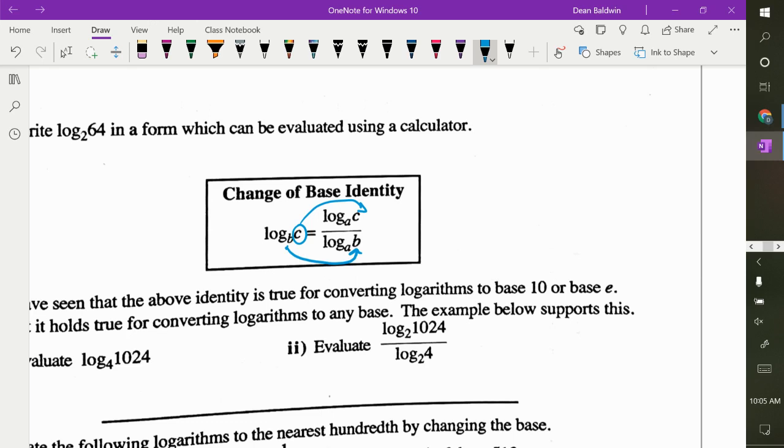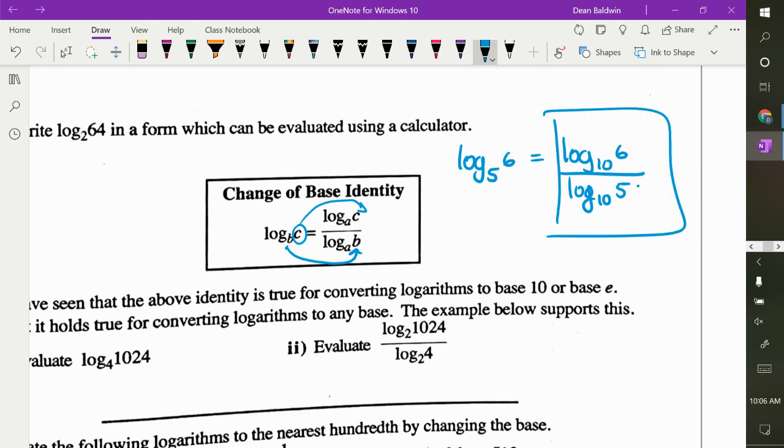So, for example, if I have log base 5 of 6, and I want to change it to base 10, I'm going to write log base 10 of 6, the argument goes into the numerator, divided by log base 10 of 5. That's the change of base rule. And this, you can punch into a calculator, because the other one you can't, unless you have one of those smart, fancy calculators.